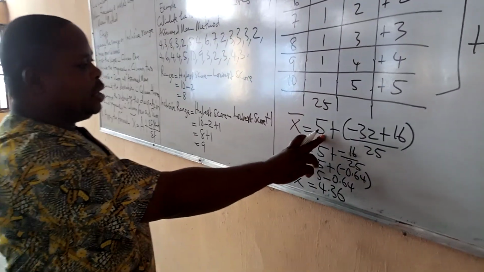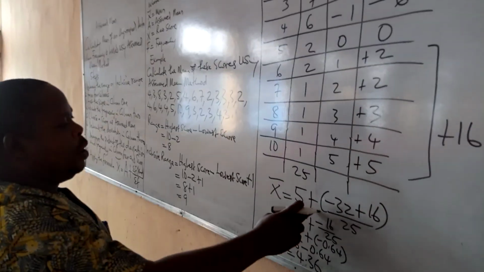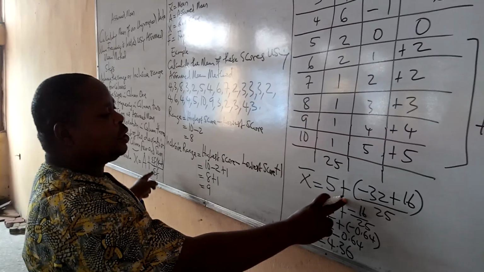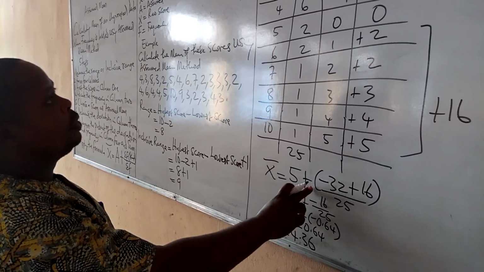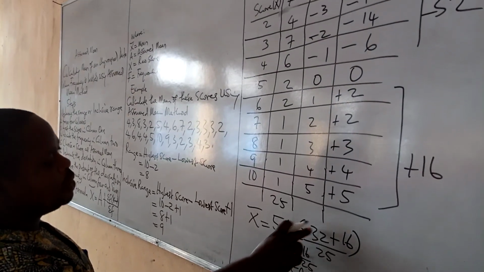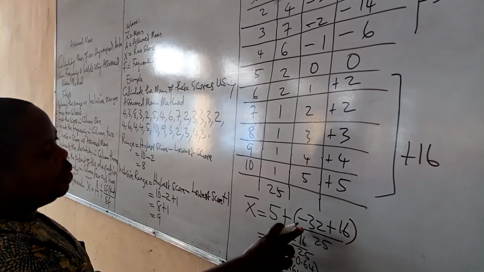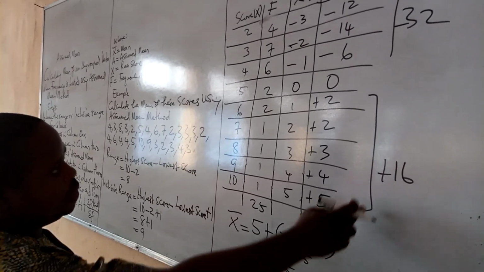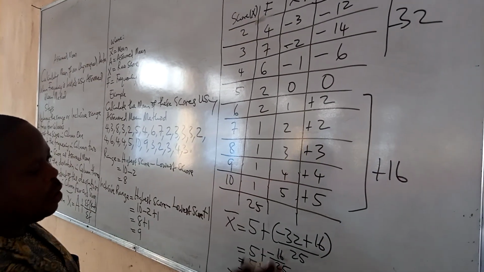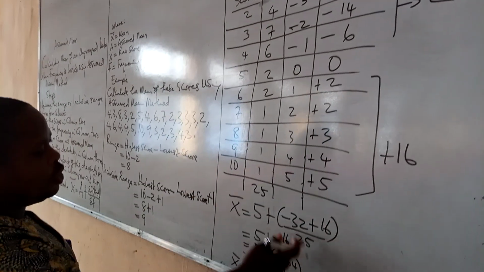The assumed mean here is 5 plus the sum of the frequency and deviation. You have minus 32 plus 16, just as we have it here, all over 25, which is the sum of the frequency.